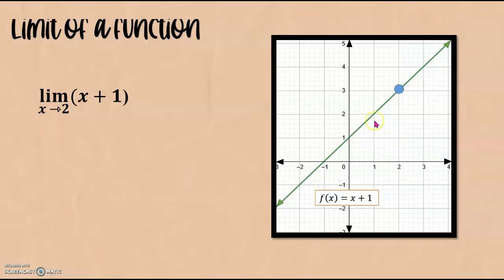Now, we can see that as x approaches 2 from the left, f of x is equal to 3. Similarly, as x approaches 2 from the right, f of x is equal to 3. Therefore, the limit of x plus 1 as x approaches 2 is 3.